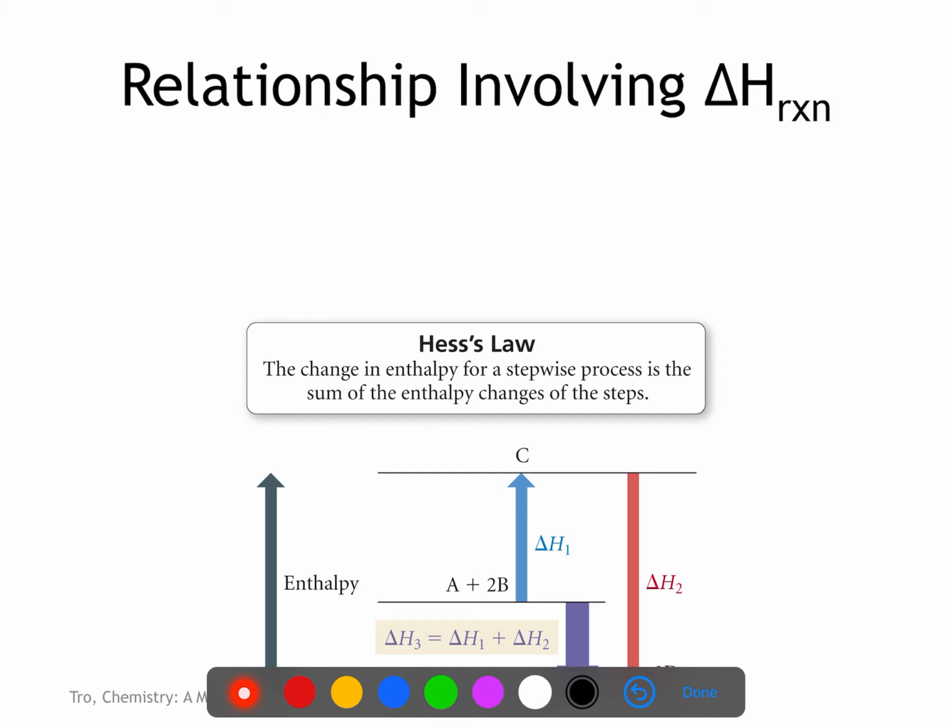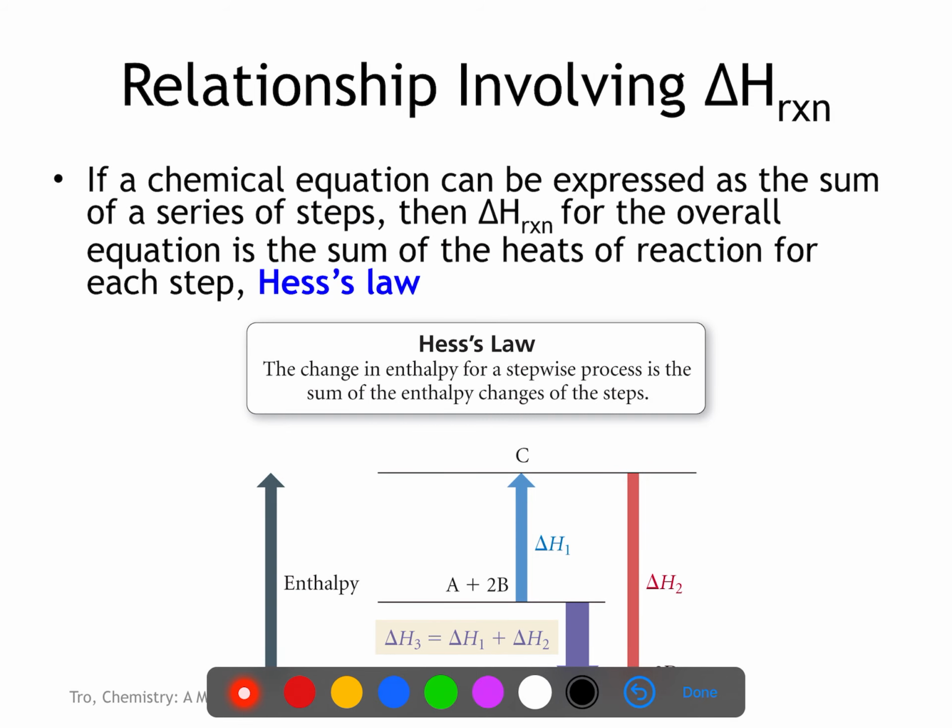This brings us up to Hess's law, meaning that the sum of all the reactions that you need to get an overall equation that you have will equal the heat and enthalpy change of the overall reaction. The chemical reaction equation can be expressed as a sum of a series of steps. Then the heat of the reaction for the overall equation is this sum.